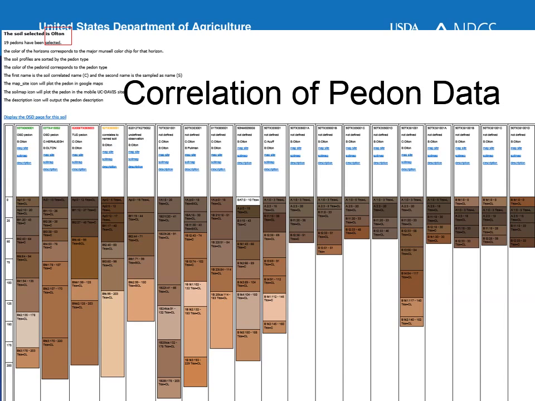And just by looking at the pedons and looking at the age of these pedons, you can see a lot of variability in this soil. It's called Olton. So be aware that there are tools available that allow for rapid analysis.